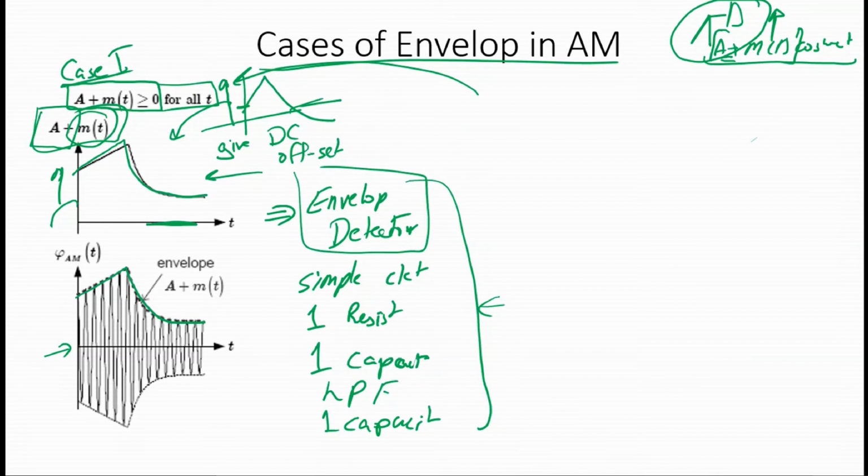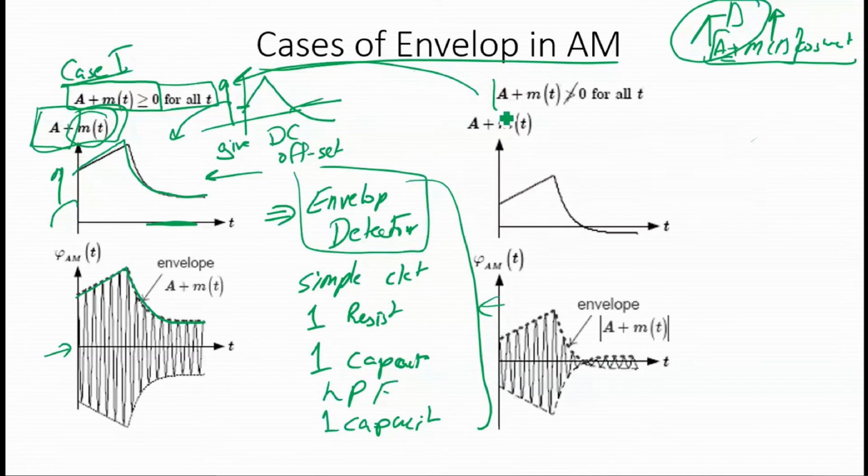Now let us look into the second case. So this is the second case, and we have not given a DC offset. We have not given enough power so that the message signal goes above 0 for all values of t. So we have certain values which are still less than 0, right? And if we modulate this, we would have 0 crossing over here.